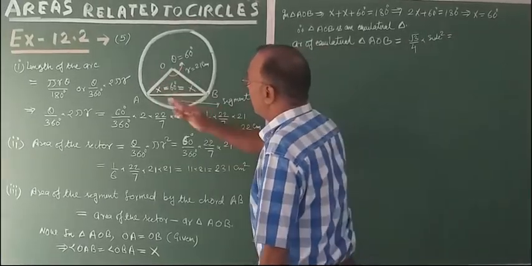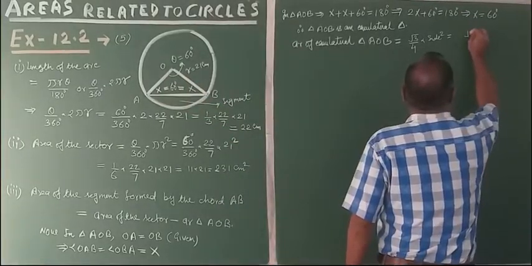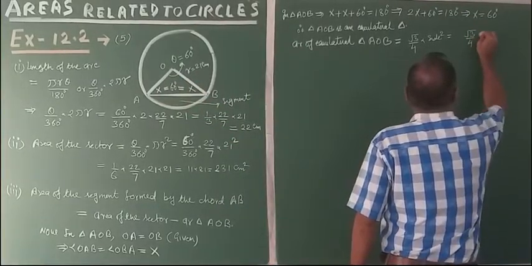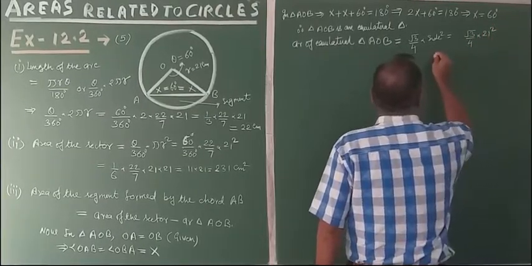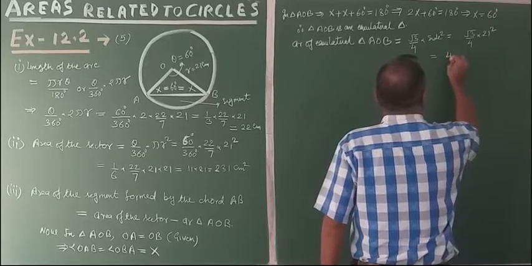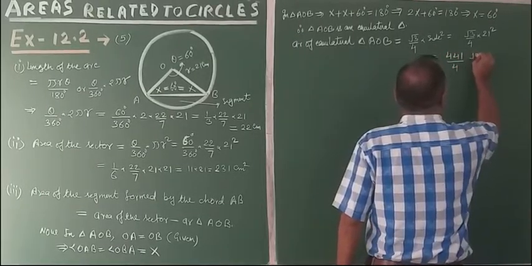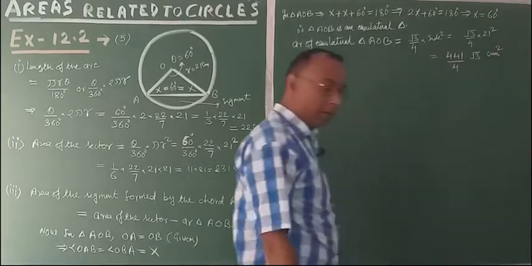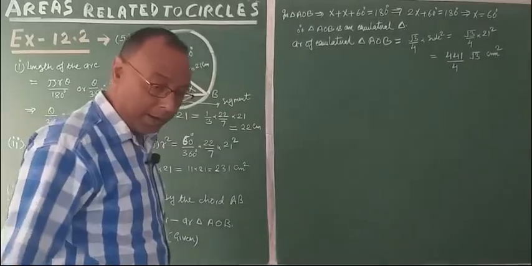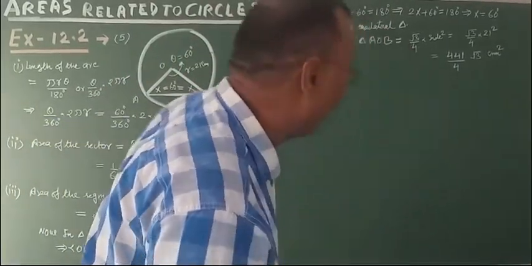This one, OA, that is 21. So under root 3 upon 4 into 21 square. 21 square is 441, so it becomes 441 upon 4 into under root 3 centimeter square. This is the area of triangle AOB.